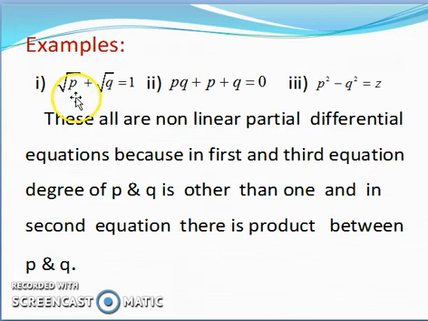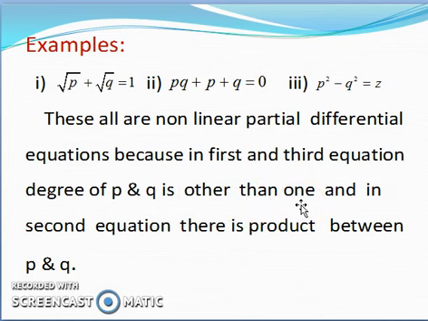Examples: first one, root p plus root q equal to 1. Second example, p into q plus q equal to 0. Third one is p square minus q square equal to z. These all are non-linear partial differential equations because in the first equation and in the third equation, the degree of p and q is other than 1.